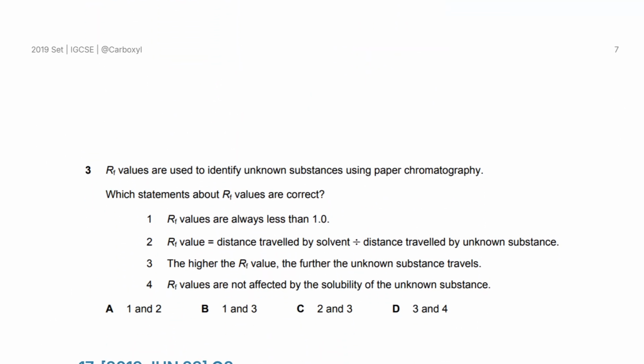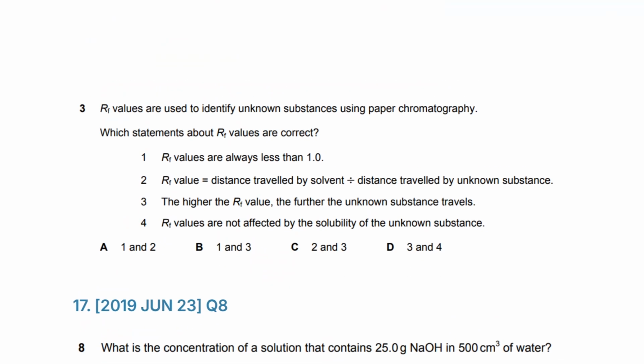Make sense? Okay. RF values are used to identify unknown substances using paper chromatography. How do you calculate RF value? Distance traveled by the substance divided by the distance traveled by the solvent front. Which statement is correct?